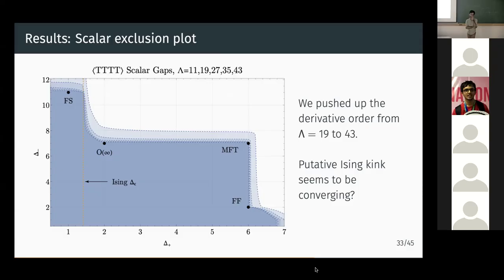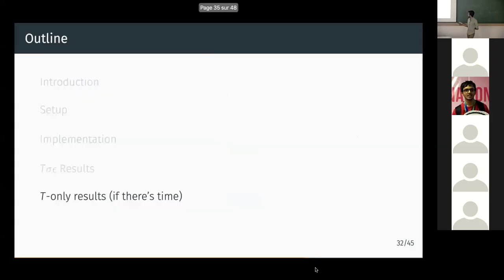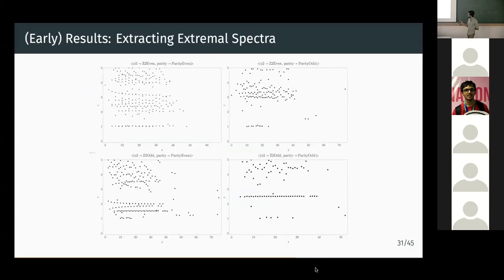Yeah, that doesn't seem impossible, except for the reality of the numerical bootstrap, I should say. Going back to this extremal spectrum that I'm showing here, this is a zoomed in version, but the very heavy operators are very suppressed in the numerical bootstrap. It's not only that they're suppressed, but they're a little bit imprecise. You have this huge noise of operators here, even at just dimension 5 or twist 5.